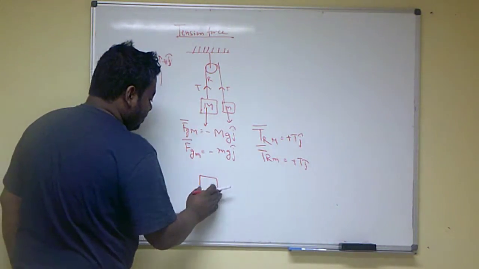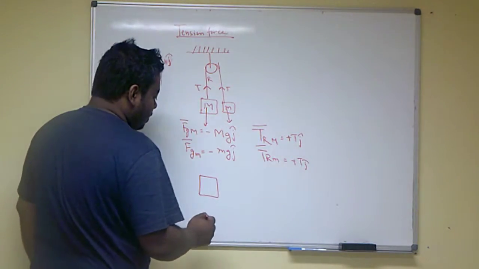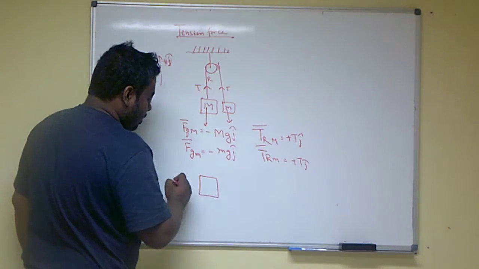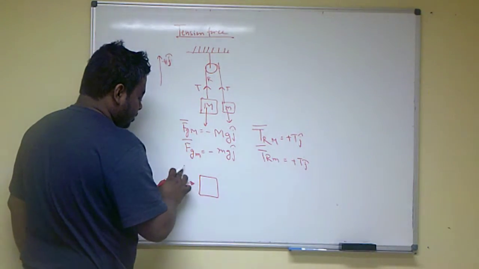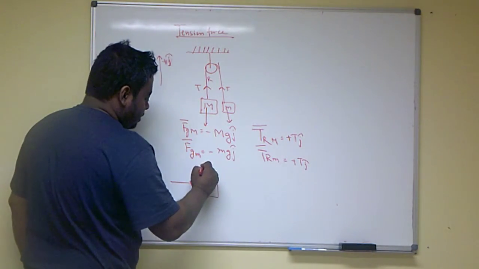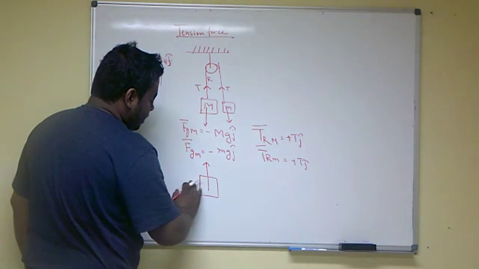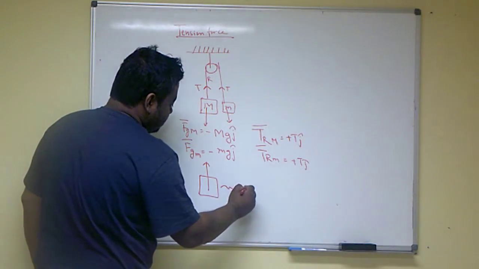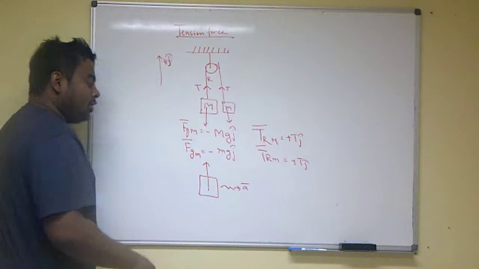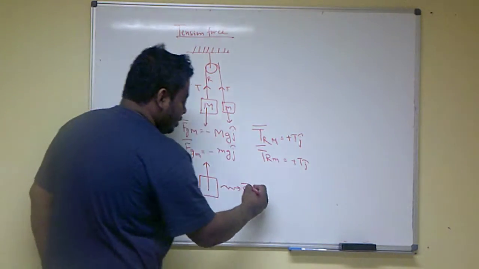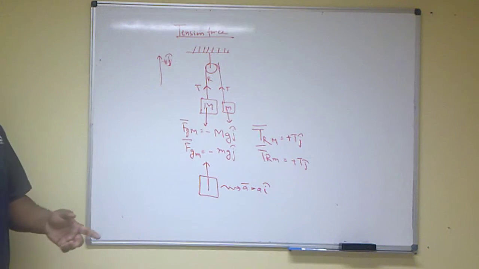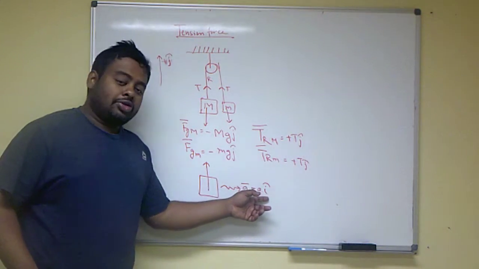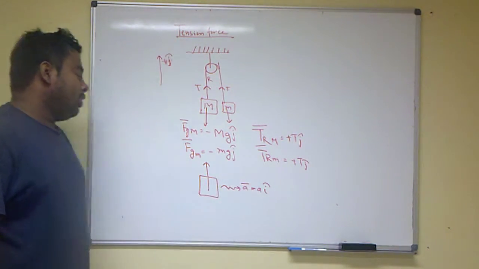So what happens is, you have a body which is in motion, accelerating in the positive x direction. The magnitude is acceleration a, and the vector direction is i cap.